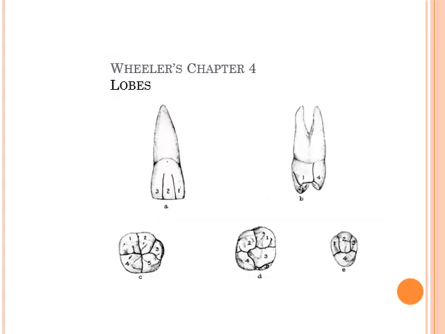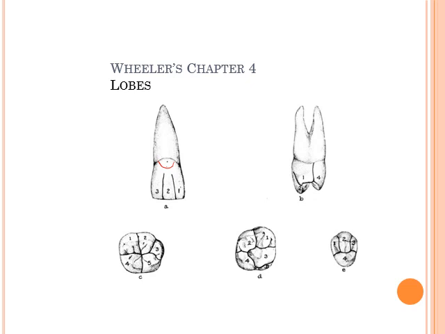Now we're going to finally mention briefly the lobes that we mentioned earlier. Lobes are areas where the tooth forms. All teeth have at least 4 lobes and sometimes even 5. You see on this anterior tooth here that there's only 3, but there's actually a 4th lobe on the lingual side called the cingulum, which you will hear more about in your anterior tooth lecture.